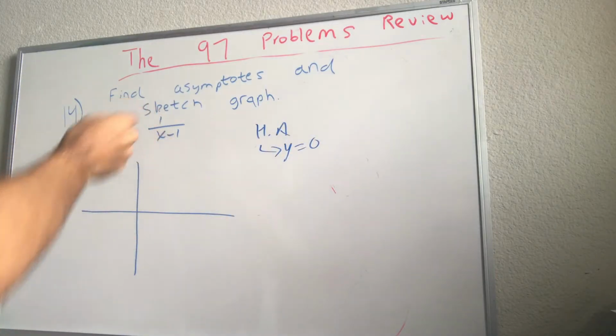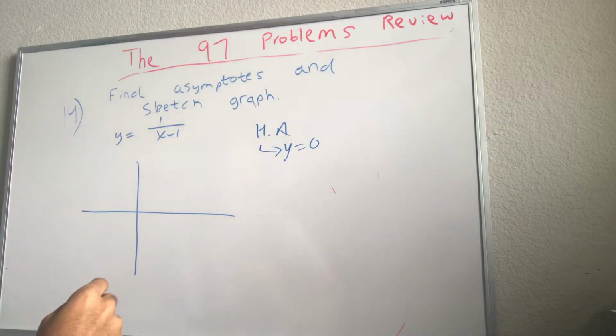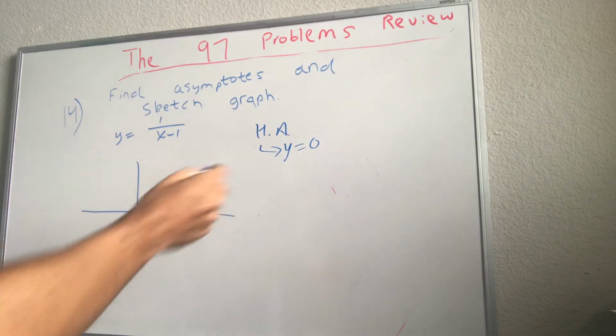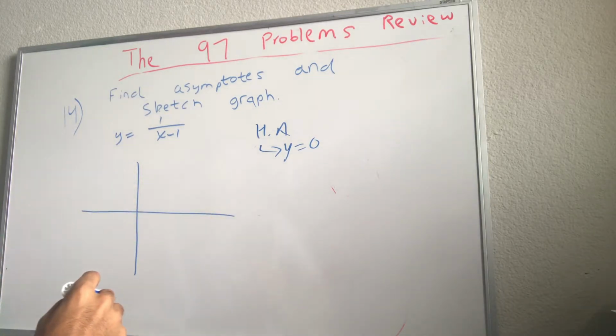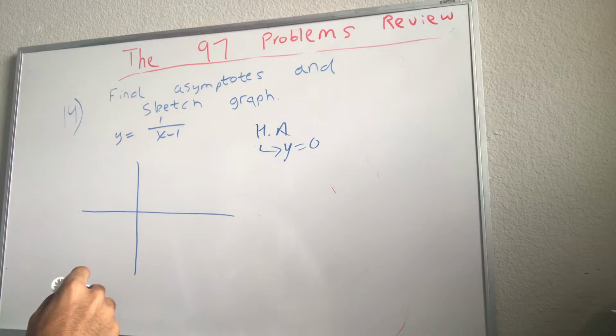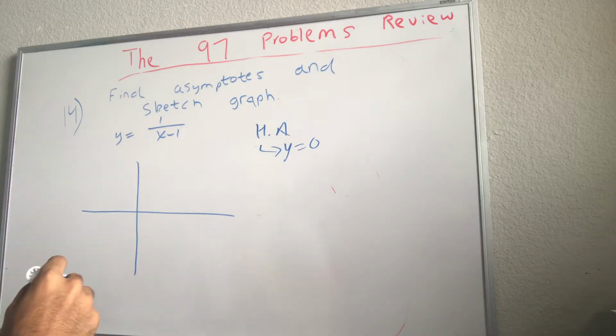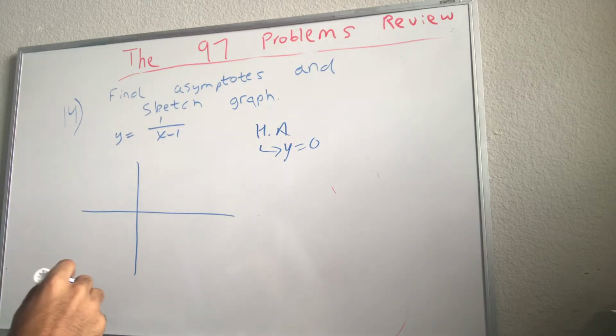If your degree was greater, you would be dividing, and there would be a slant asymptote. If your degree is the same, then you're just doing a over b, the division between your coefficients. So for this one, our horizontal asymptote is y is equal to 0 because the degree in the numerator is less than the degree in the denominator. So that's our horizontal asymptote.